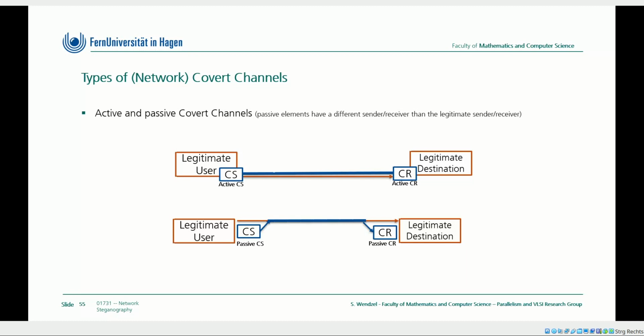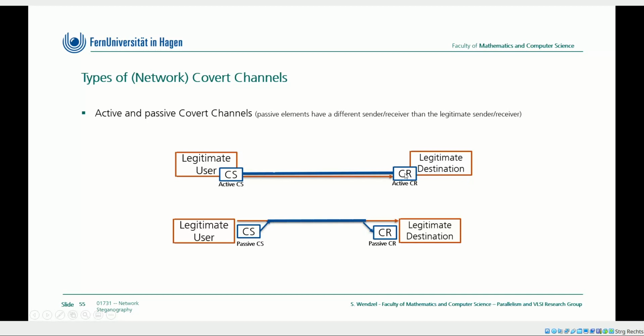With an active sender or receiver, we have an element that creates the carrier traffic to embed the covert traffic in it. So that means the covert sender, which I always abbreviate with CS in this class, and the covert receiver, which I always abbreviate with CR in this class, use a traffic that is, first of all, generated by the covert sender and not by some legitimate user, with the purpose of embedding the hidden information in it.